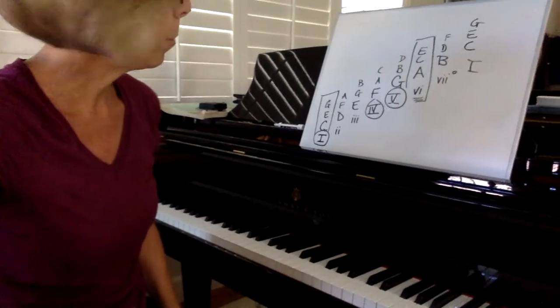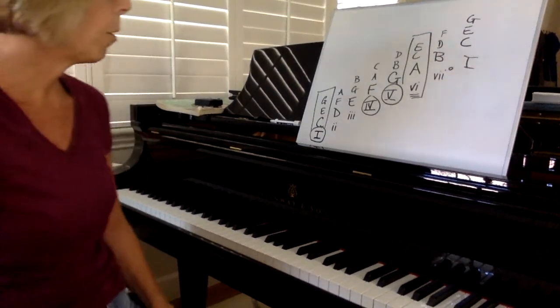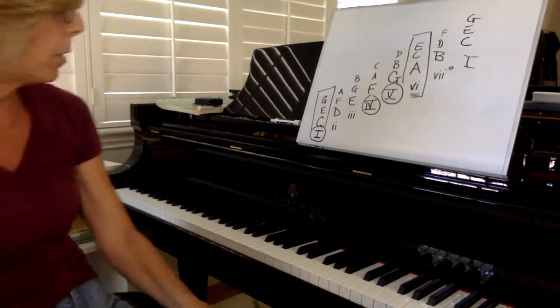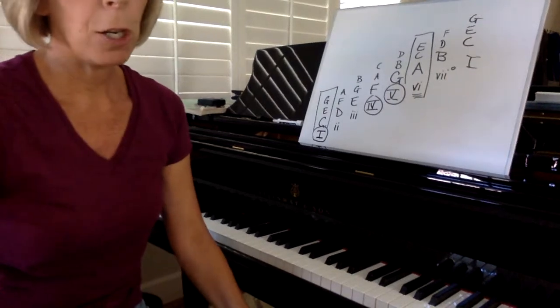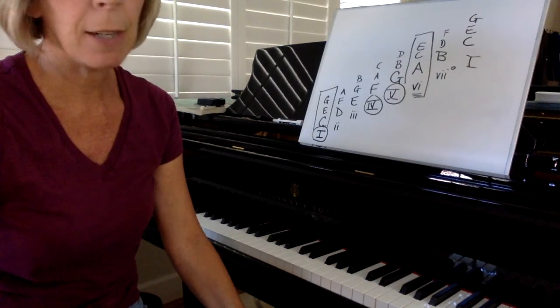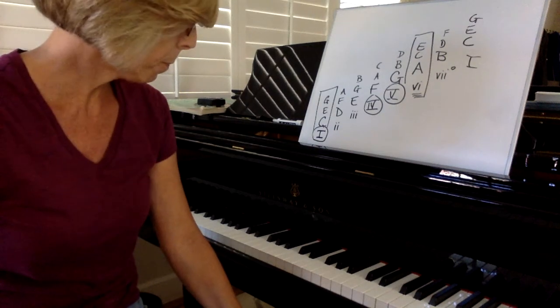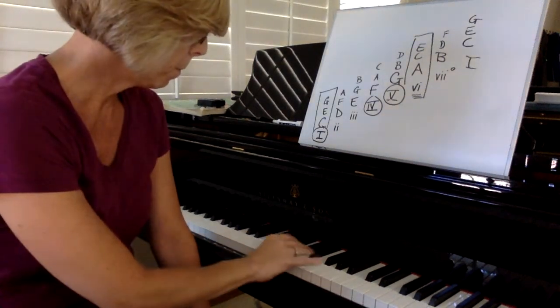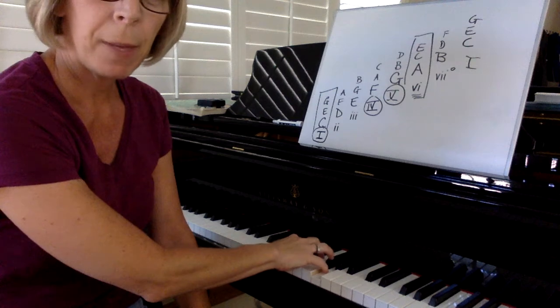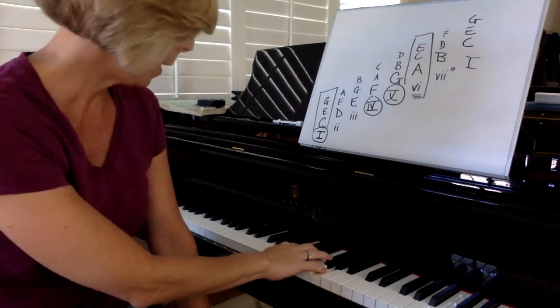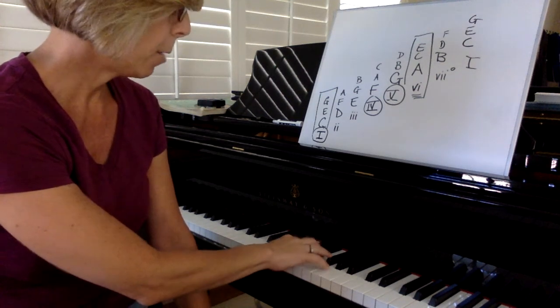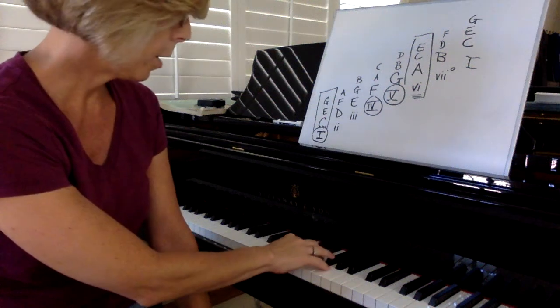Okay, I hope that helped you understand a little bit better how the triads of the scale work. I'd like you to try this in your practicing, see if you can build the triads of the scale on the G scale as well as the D scale. So in the G scale, we have an F sharp in our scale, right? So that means that any triad that would include an F would include an F sharp.